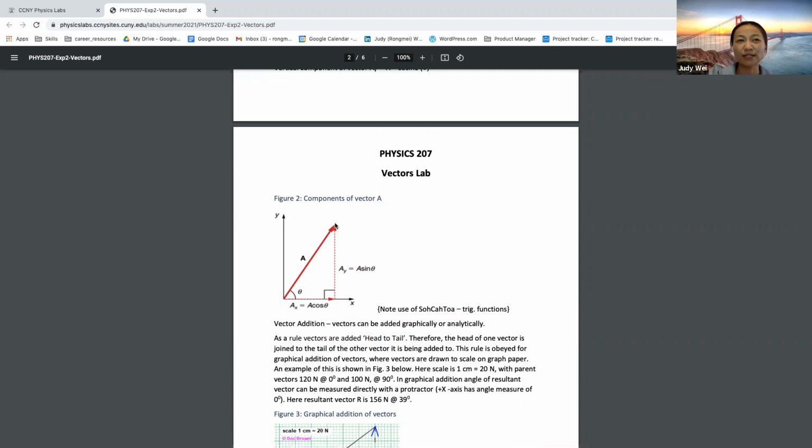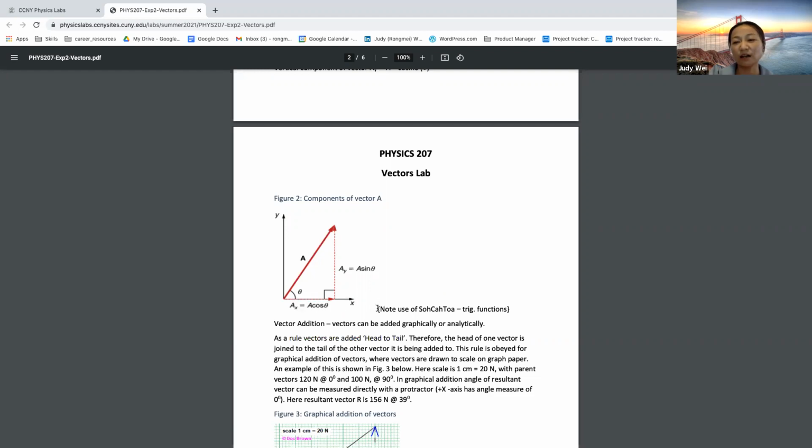Let's say you have another vector here, B, and you want to add them together. You can divide the B vector into BX and BY, so you can simply add the components in the same direction. If you add them together, you calculate AX plus BX.